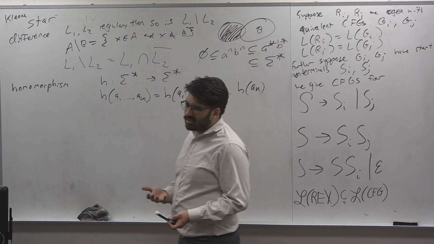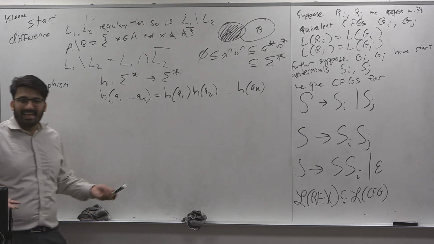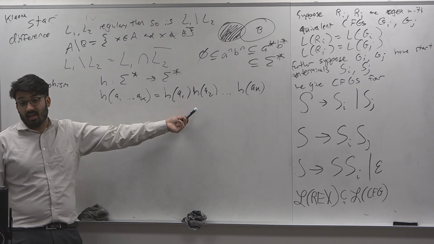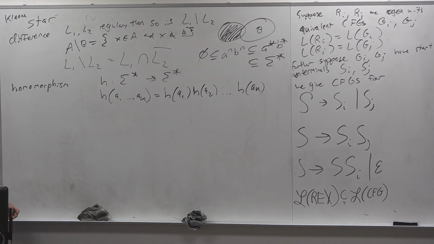Homomorphisms are more interesting in, like, a multiplication sense. Here the implicit operation that's not listed is not multiplication, but concatenation, right? What it basically means is you can do the concatenation before or after.